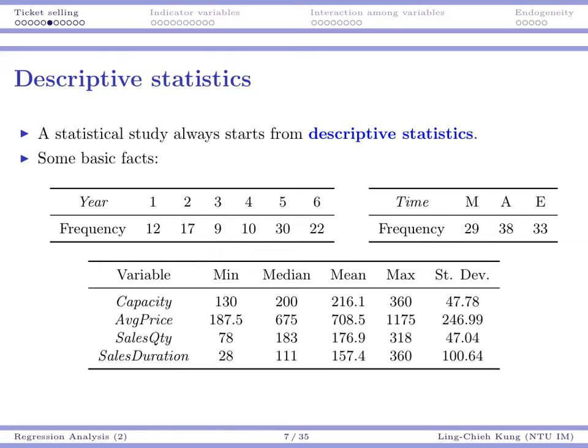For time, it's somewhat uniform. Most of the shows were performed in the afternoon, but for the morning we still have 29. For the other 4 variables, we have these statistics because it's too hard to list all the numbers. Please take a look.